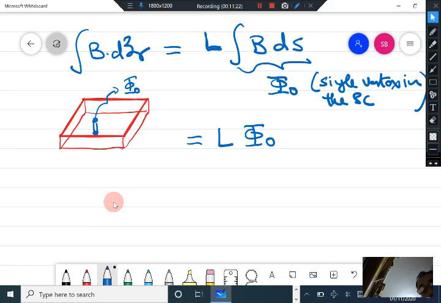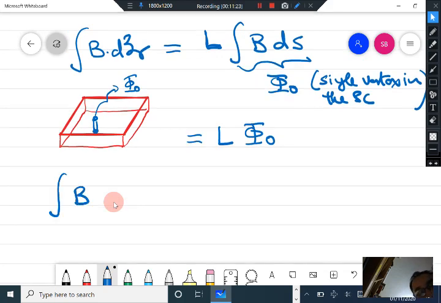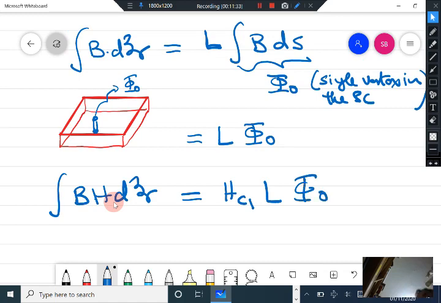So the integral of B dot H d cube R will basically become Hc1 times L times phi naught.